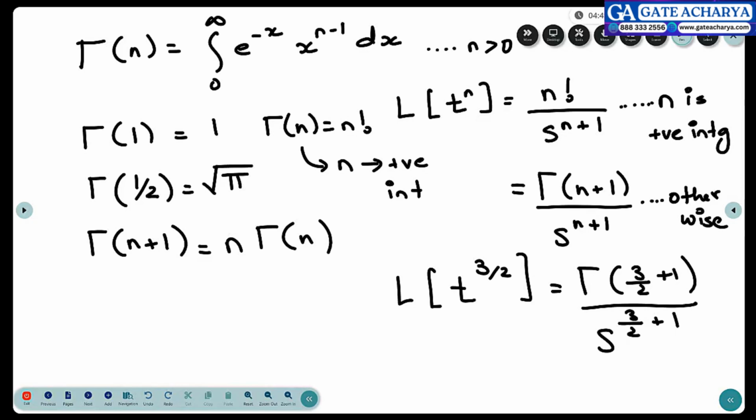Oh, sorry, it is gamma function of n plus 1, not n factorial. Sorry, my mistake. That's where I had a doubt, because if that is the case, then how will I define 0? So always remember gamma function of n plus 1 is n factorial.